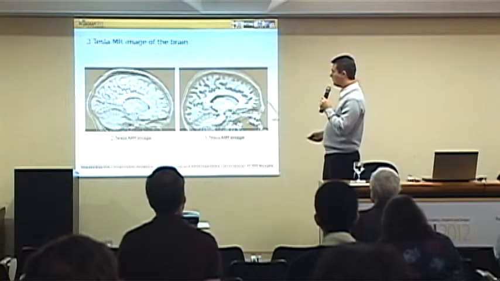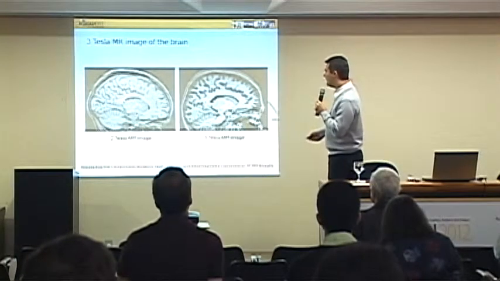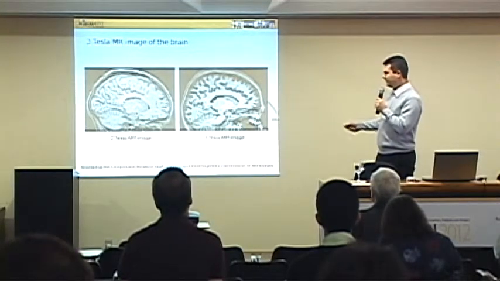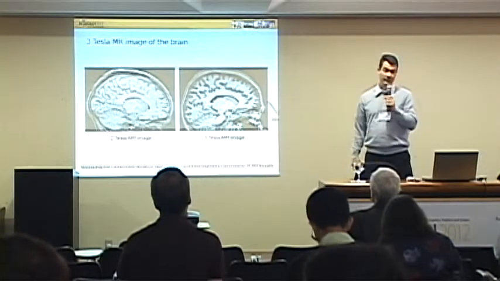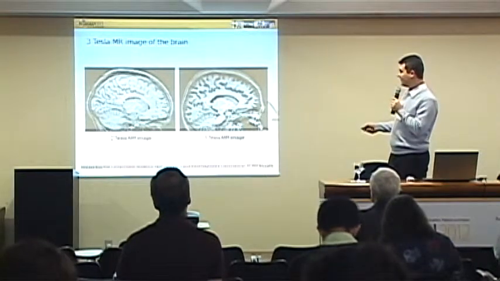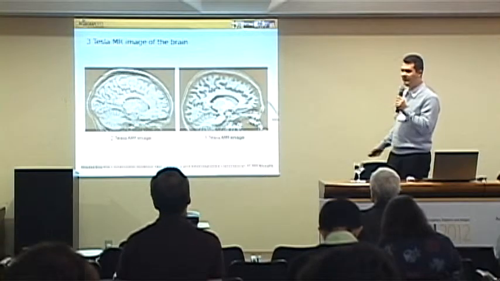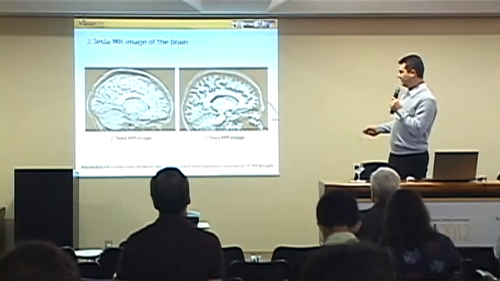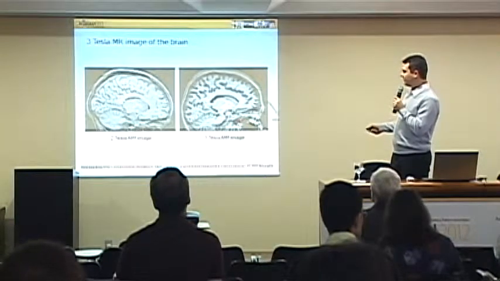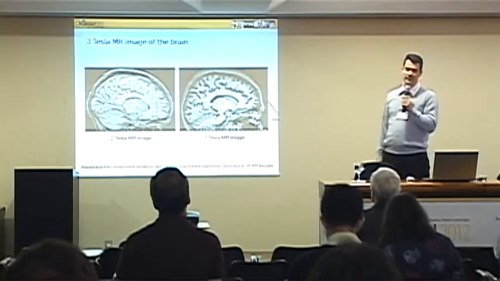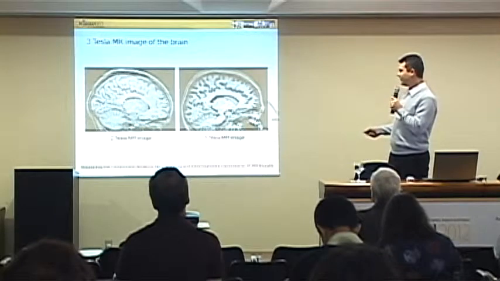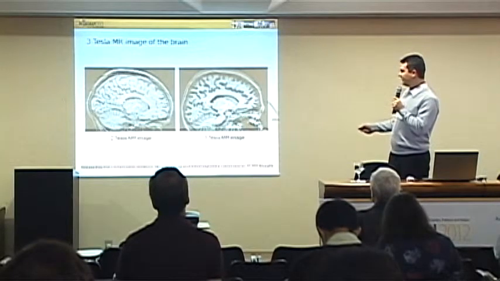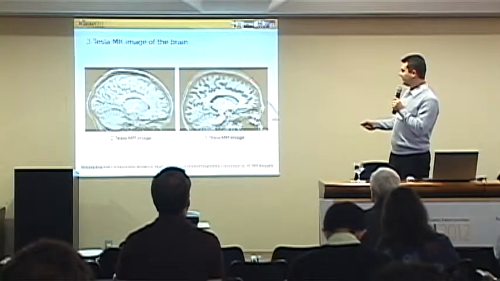It's much more noisy. On the other hand, we can see here the effect of inhomogeneity, which is much stronger in 3 Tesla MR images. What's inhomogeneity? It's like a shadow in the image. A part of it is brighter and a part of it gets darker.